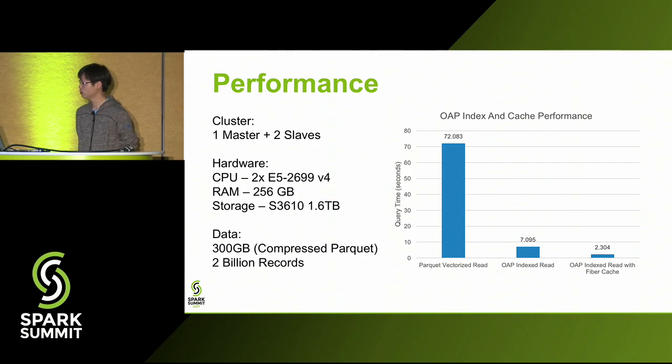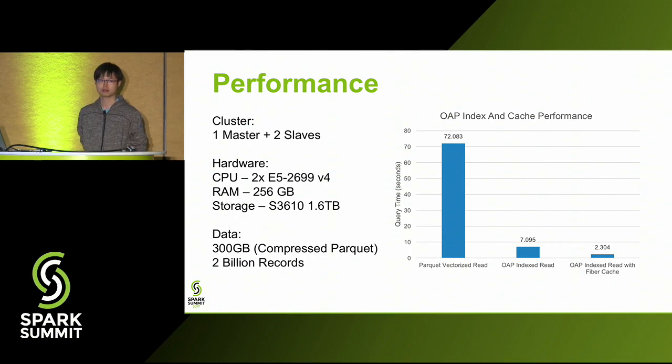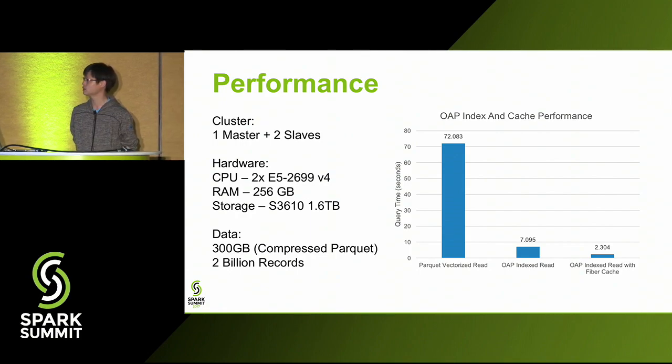So the first column shows the Parquet vectorized read that's pretty close to what original Spark does, and that takes more than 17 seconds to finish the whole query. But for our index read, we can see that the query time, we only use 7 seconds to finish that. And after several runs, we can see the cache system here just boosts the query to merely 2 seconds.